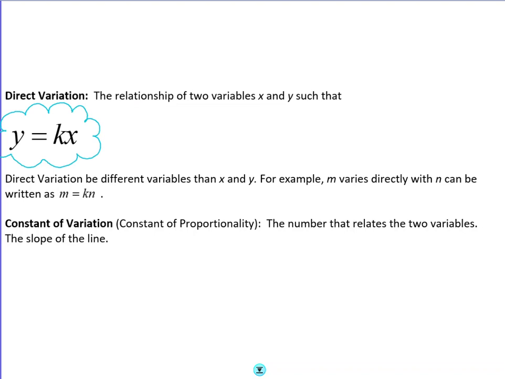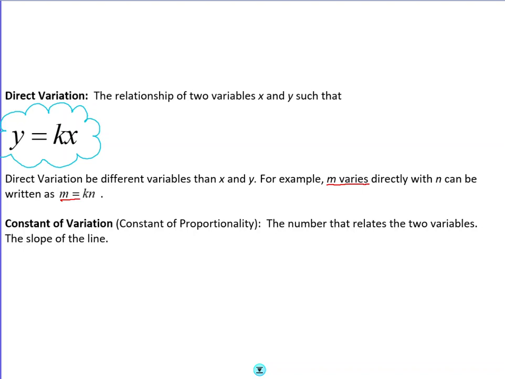Direct variation could use different variables other than x and y. For example, m varies directly with n would be written m equals k times n. One clue is that when it says m varies, that means you are going to have m equals.